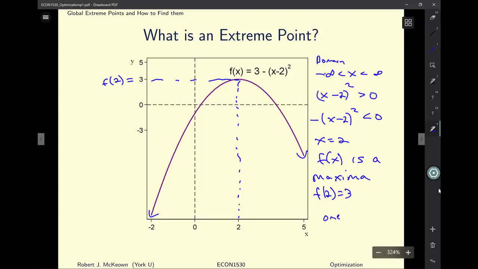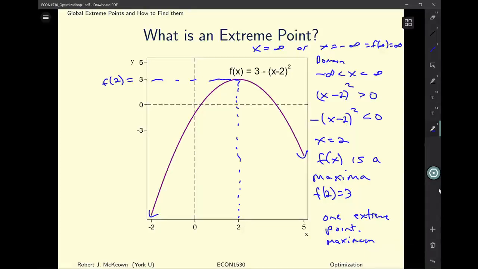So we have one extreme point, and it's a maxima, or maximum. Is there a minimum? Well, the answer is no, because if x was equal to infinity, or x was equal to negative infinity, then f of infinity is going to be equal to infinity.